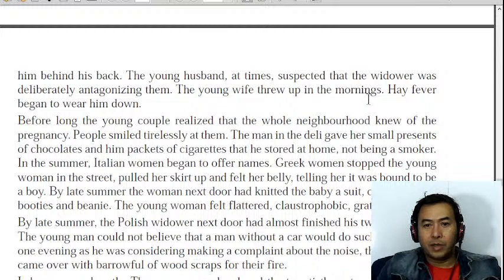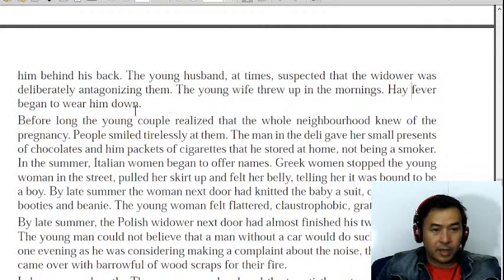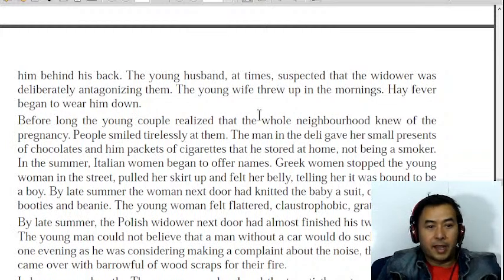The young wife threw up in the morning. Oh my goodness, she vomited. The hay fever began to wear him out. So he started suffering from a kind of fever. What fever is that?